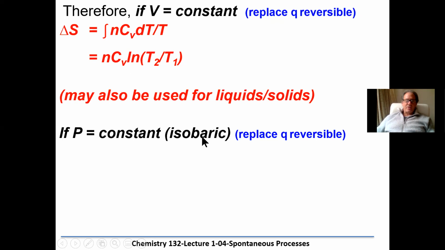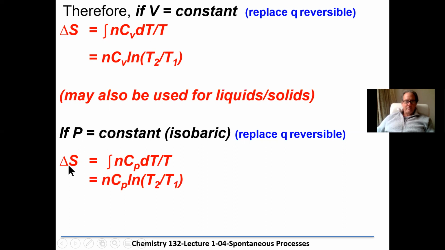So if it's a system that's isobaric, meaning constant pressure, again, we're going to replace that Q reversible in our equation with nCP delta T because it's constant pressure. We get the integral of nCP delta T over T is equal to the change in entropy.